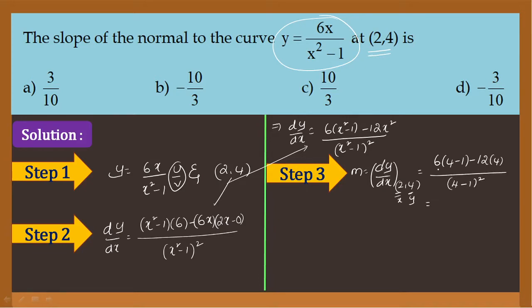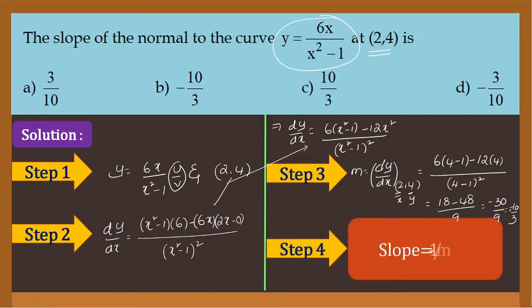This equals 6 into 3 is 18 minus 12 into 4, that is 48, divided by 4 minus 1, 3, 3 square 9. This equals 18 minus 48, that is minus 30 divided by 9. This equals minus 10 by 3. Now find the slope.